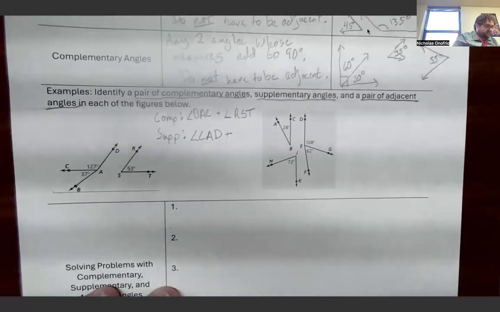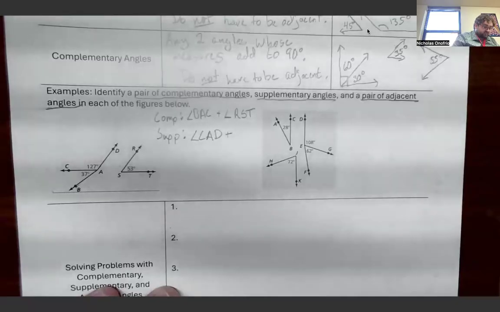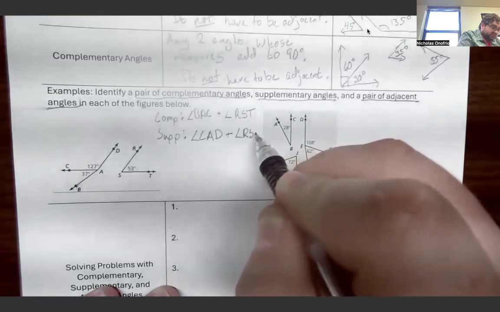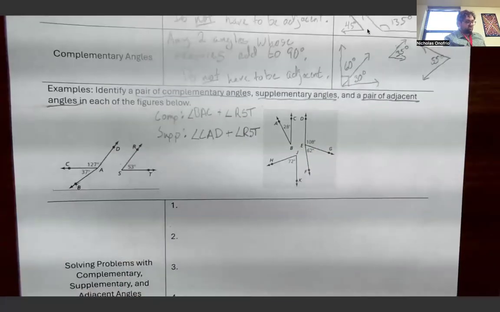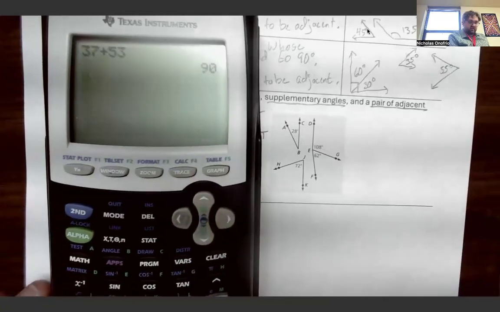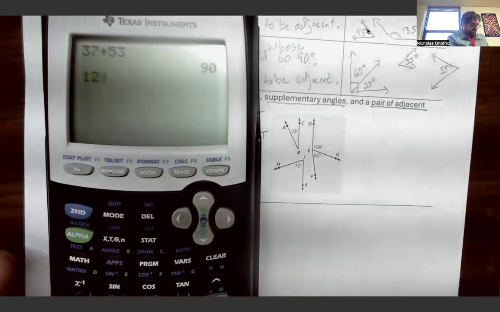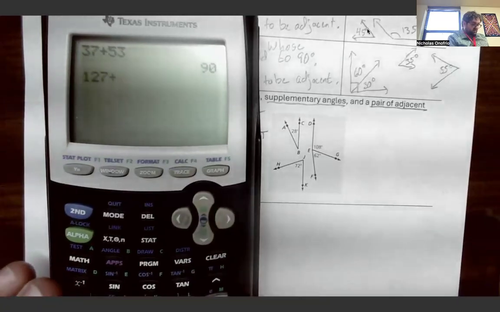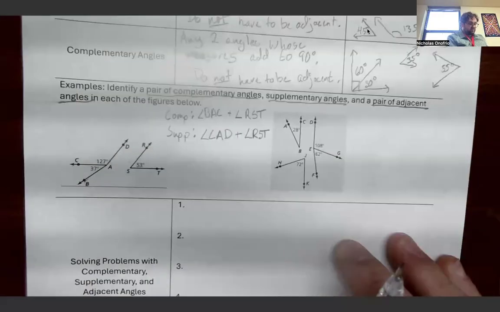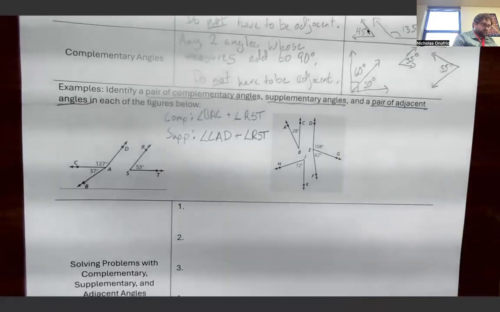What angle with CAD equals 180? Take a second and take a guess. All right, for your guess, I hope you said RST. Let's check it in a calculator just to be sure. CAD was 127. RST was 53. We add them together and we get 180, just as we wanted.